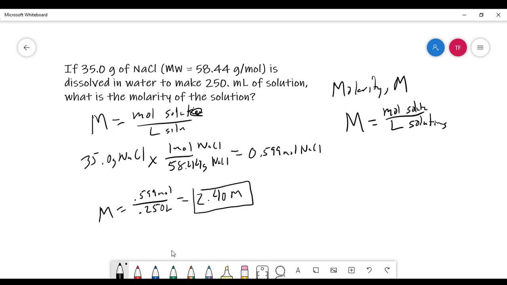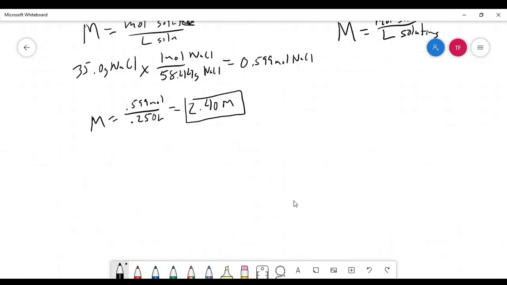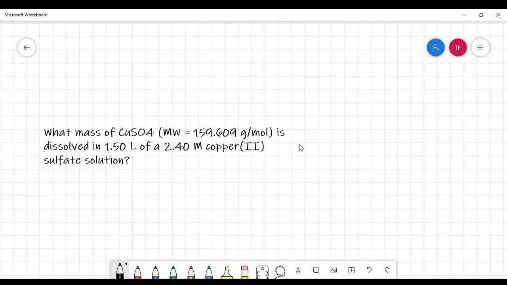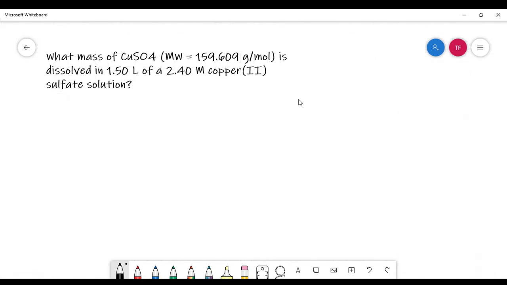We simply need the moles of the solute, and we also need the liters of the solution. So how can we use this on a more practical level? Let's look at another example problem where I have a solution of copper sulfate, and I want to find out how many grams of copper sulfate are in this solution. We have 1.50 liters of a 2.40 molar copper(II) sulfate solution.